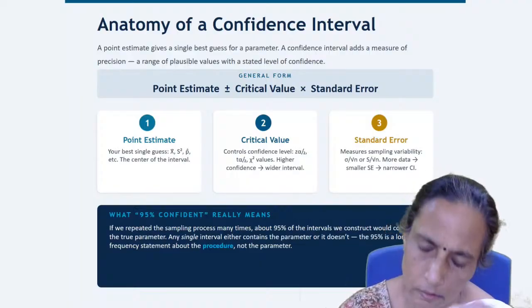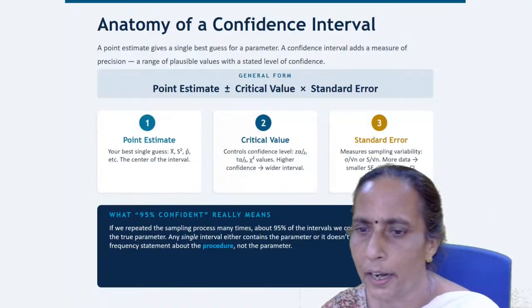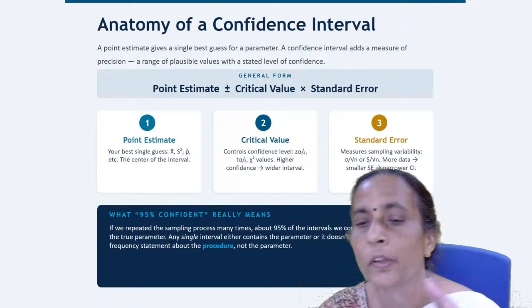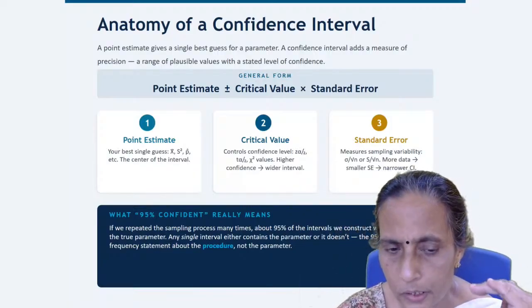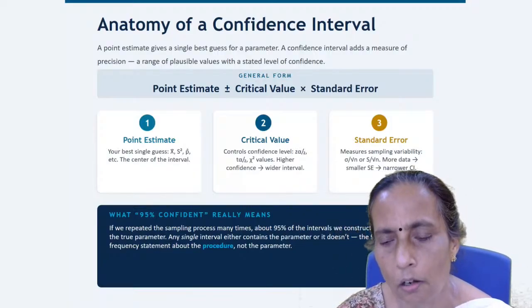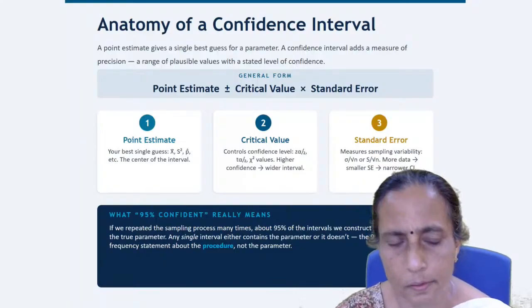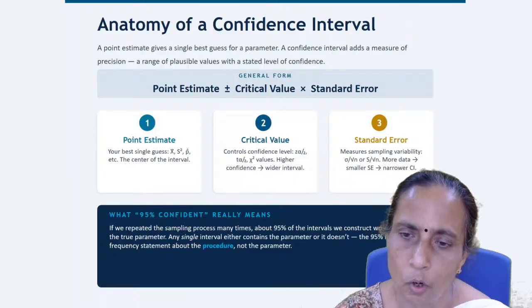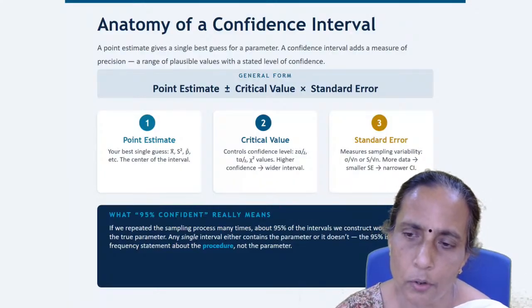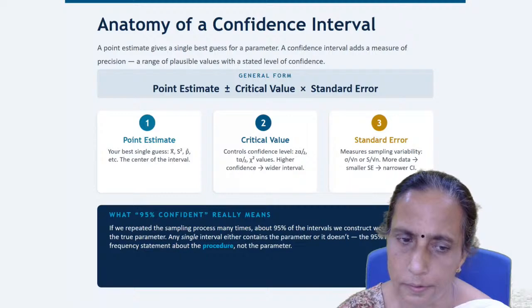Higher confidence, the wider the interval. The standard error measures sampling variability, sigma by square root of n or sample standard deviation by root n. The more the data, the smaller the standard error, and the narrower your confidence interval.